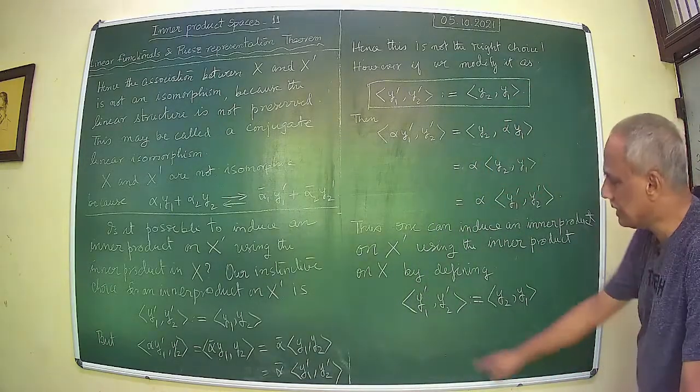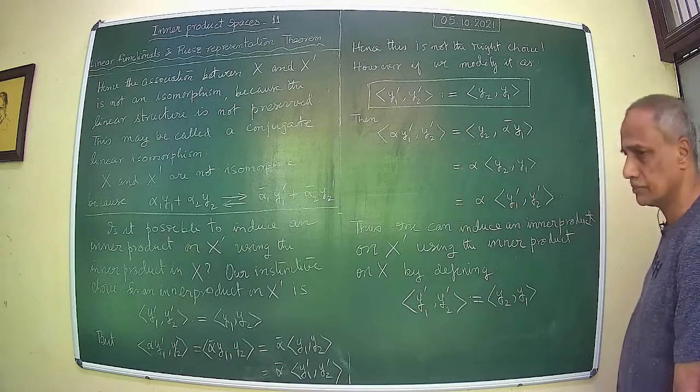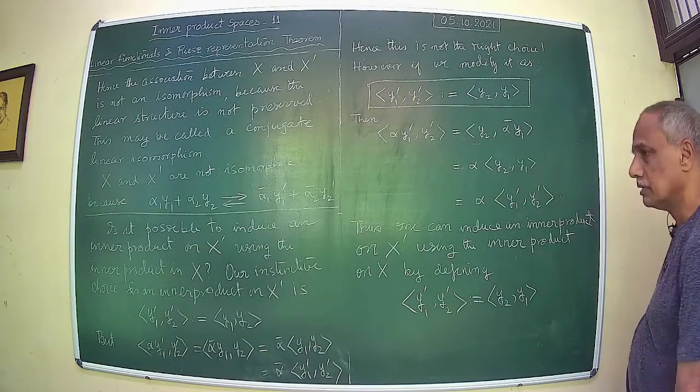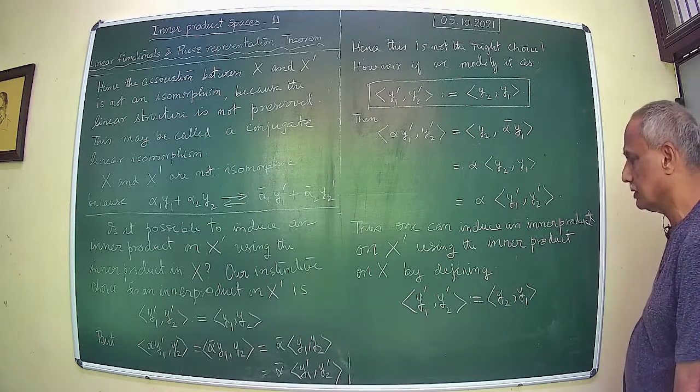Now one can easily verify that this is an inner product. It is linear in the first variable and conjugate linear in the second variable.